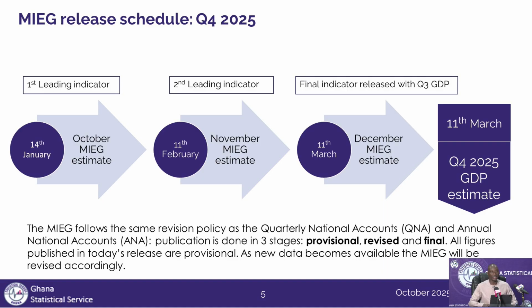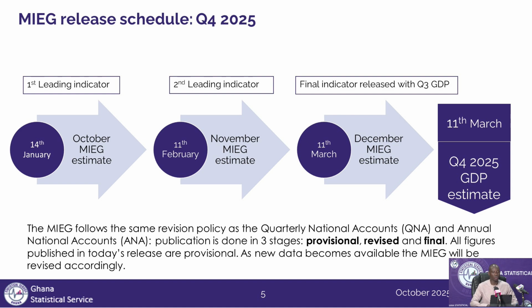This target release allows users to follow the economy in near real time, rather than wait for 3 months for the quarterly GDP release. The MIEG follows the same 3-stage revision as we have in the GDP, namely, we'll first release a provisional figure, and then we'll revise it, and then we finally release the final figures.